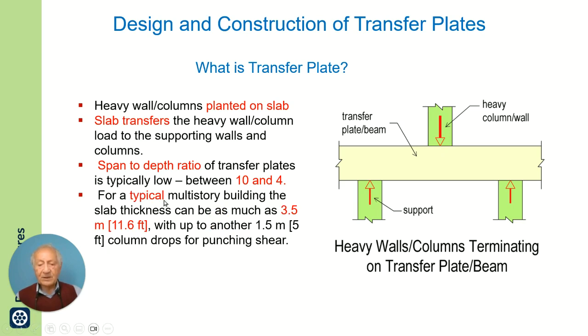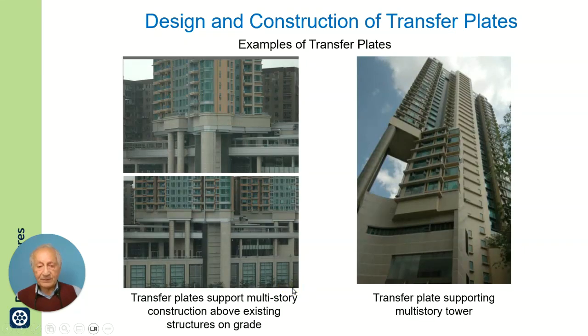For a typical multi-story building, the slab thickness could be as much as 3.5 meters. And the spacing between the columns can be 10 feet, 15 feet, 20 feet, depending on the application.